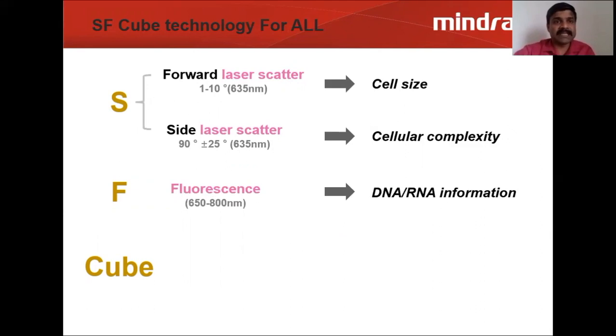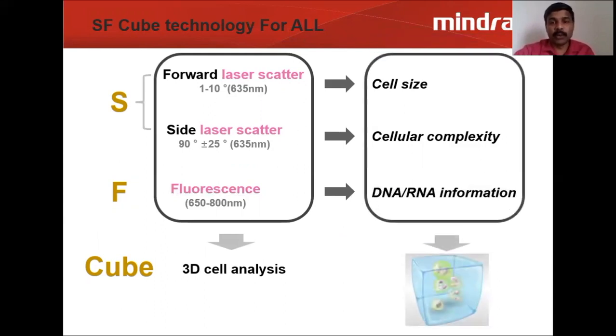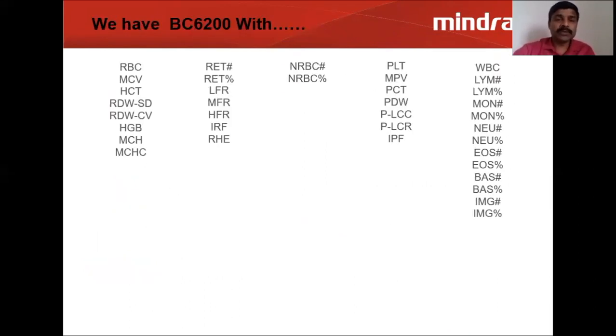All this information is captured by the analyzer and analyzed in a 3-dimensional manner to have better separation between the populations and to identify additional cell lines coming in between our normal populations. Because of this technology advancement, we have our BC-6200 model with some 37 parameters.